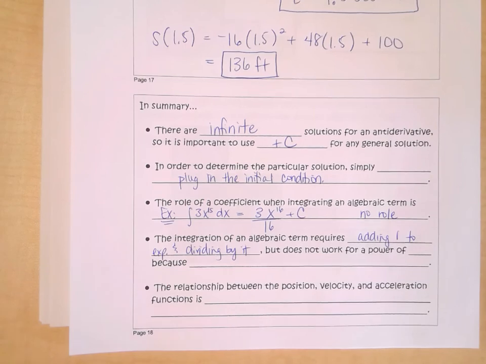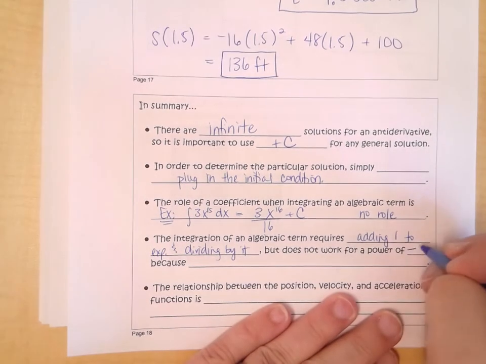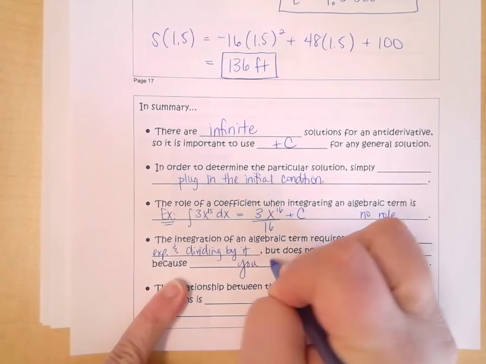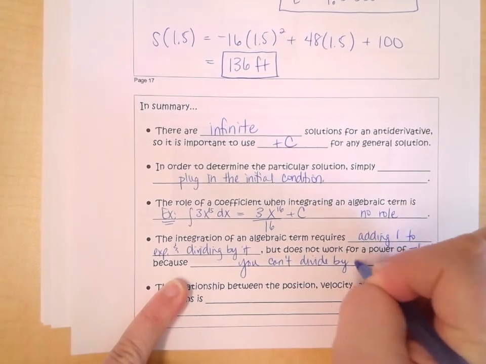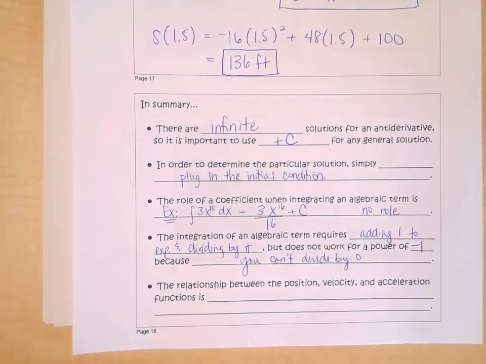What exponent could not be added 1 and then divided by that number? Would it be -1? It would, because you can't divide by 0. So this works for every single exponent except -1. And for those going into Calc 2, we'll talk about what happens with -1. That's where we start to get natural logs.